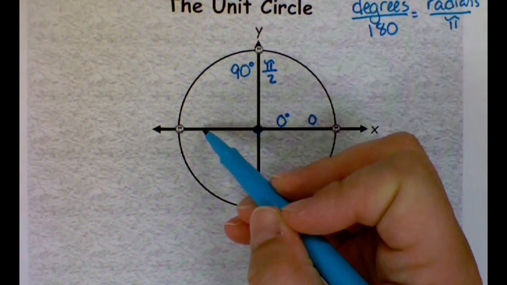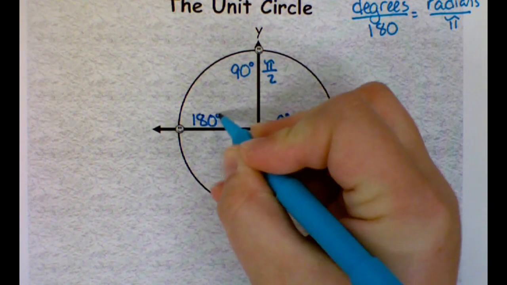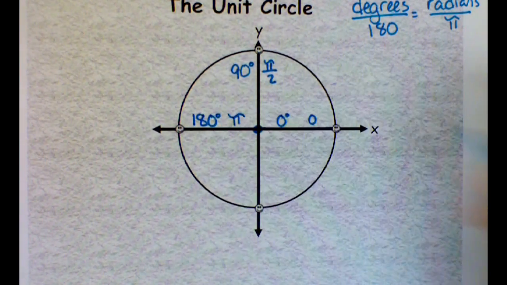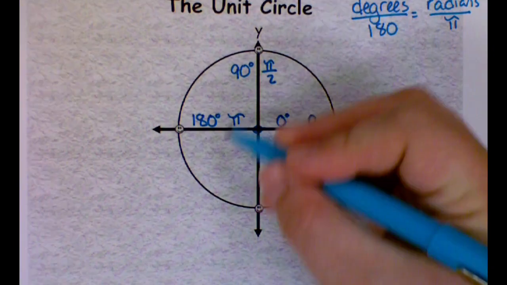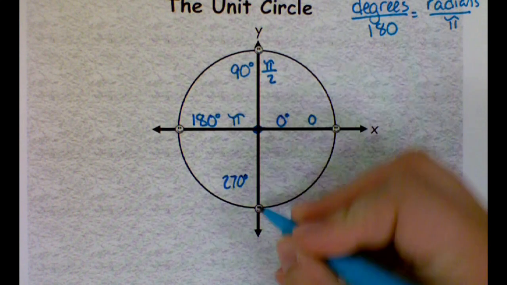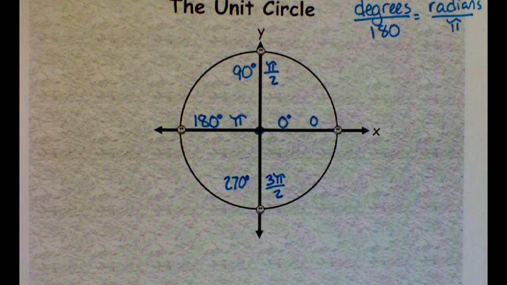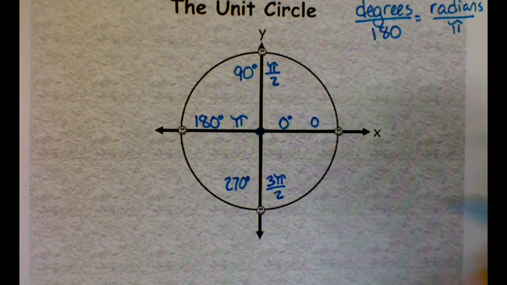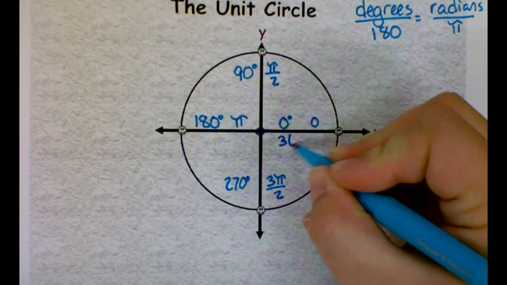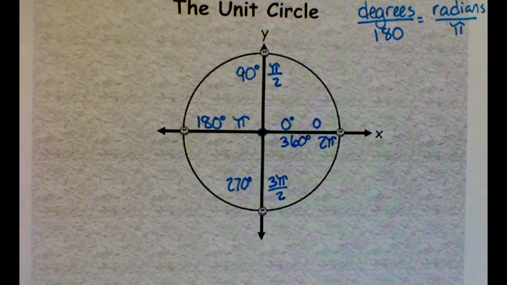All the way across over here, the negative x-axis, that is 180 degrees. In radians, that is pi. The negative y-axis is 270 degrees. And in radians, that is 3 pi over 2. And then this one's not on the unit circle you'll be filling in, but all the way around the circle is 360 degrees, or 2 pi in radians.